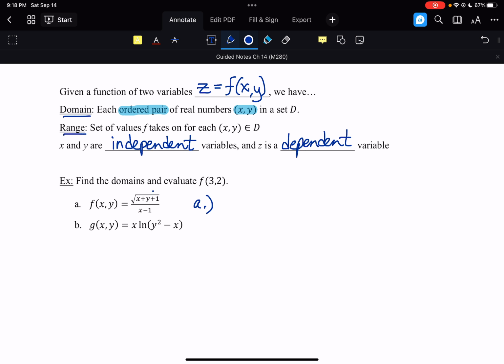So in this situation, the domain is going to be the set of all ordered pairs x, y such that, up on top here, we have this function inside the square root. Anything inside a square root cannot be negative, so x plus y plus 1 must be greater than or equal to 0.